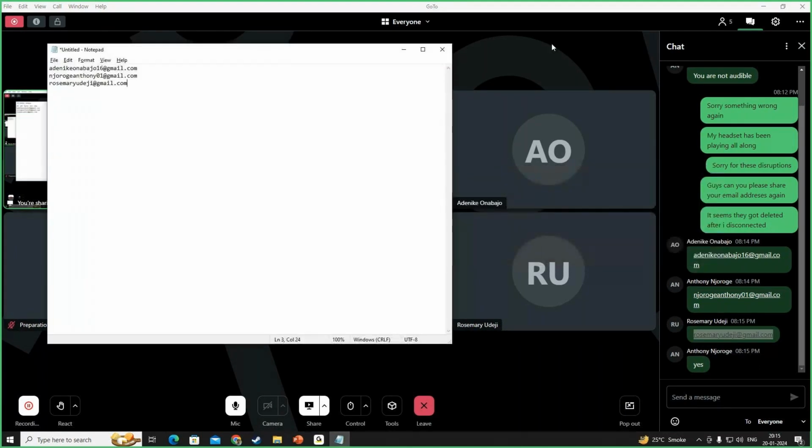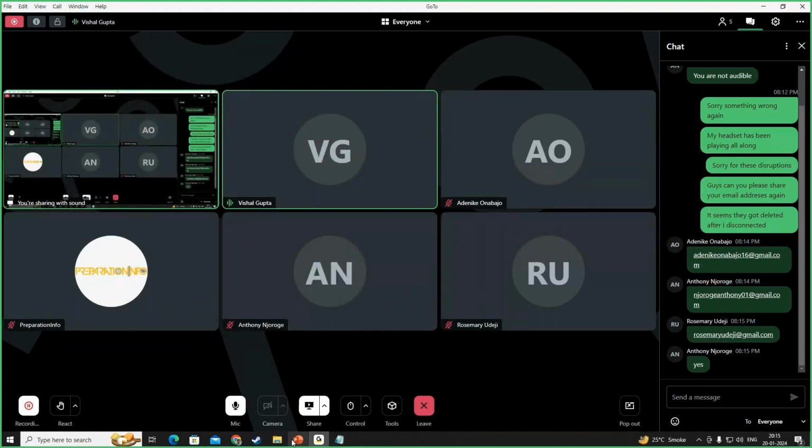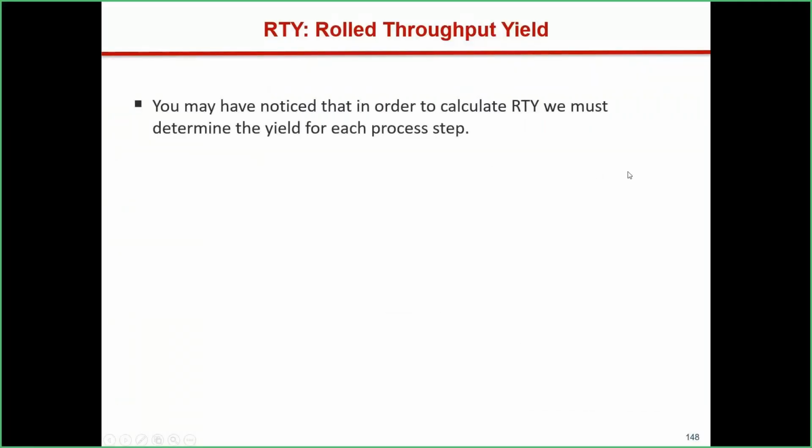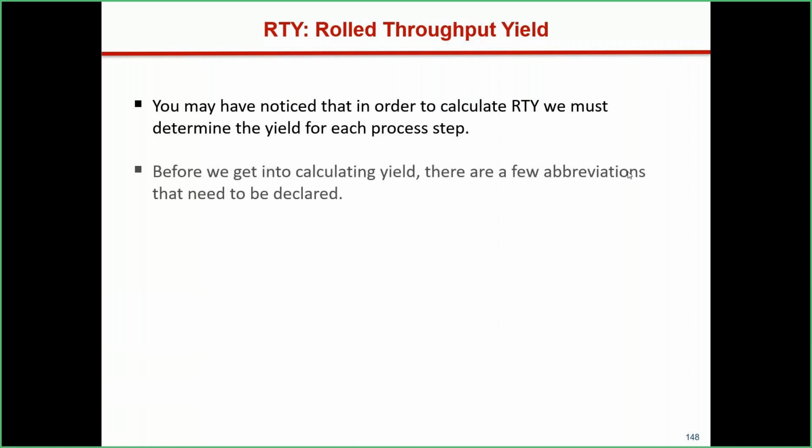All right, great. So let's quickly continue with this. Rolled throughput yield. You may have noticed that in order to calculate RTY, we must determine the yield of each process step.